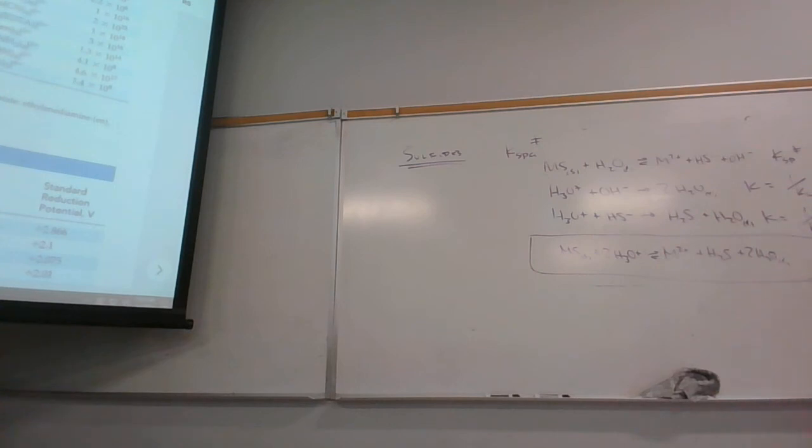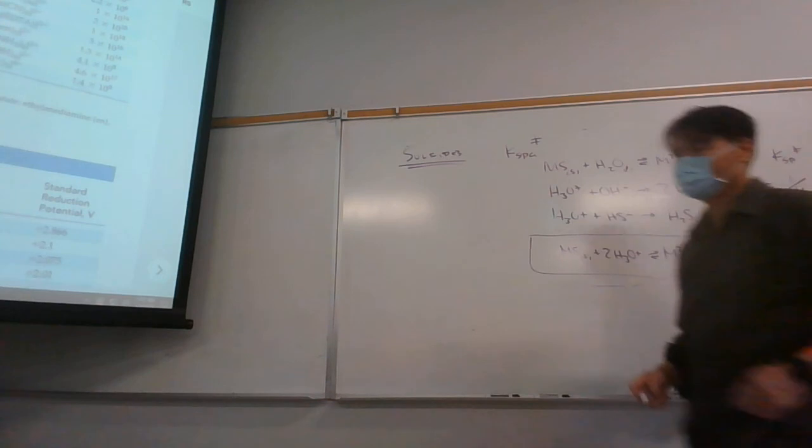Now KSP double dagger is different. The KSP double dagger, I forgot to write the equation earlier. The KSP double dagger is equal to the M2+ concentration times the HS minus concentration times the OH minus concentration.